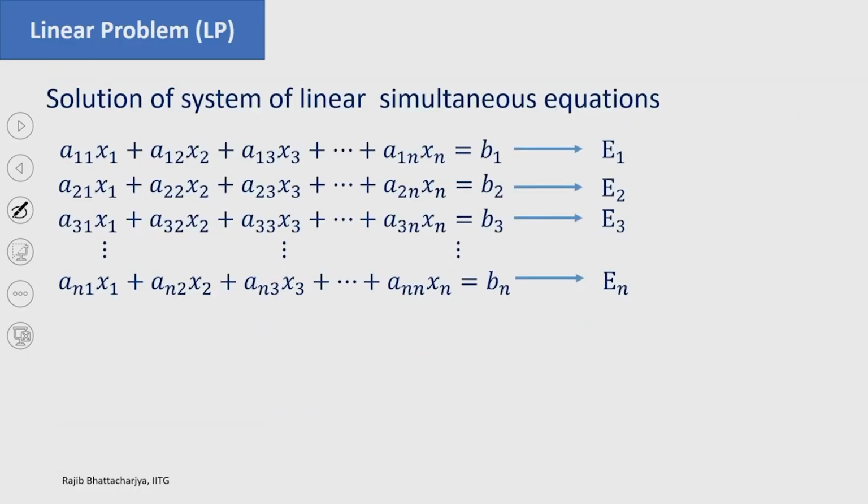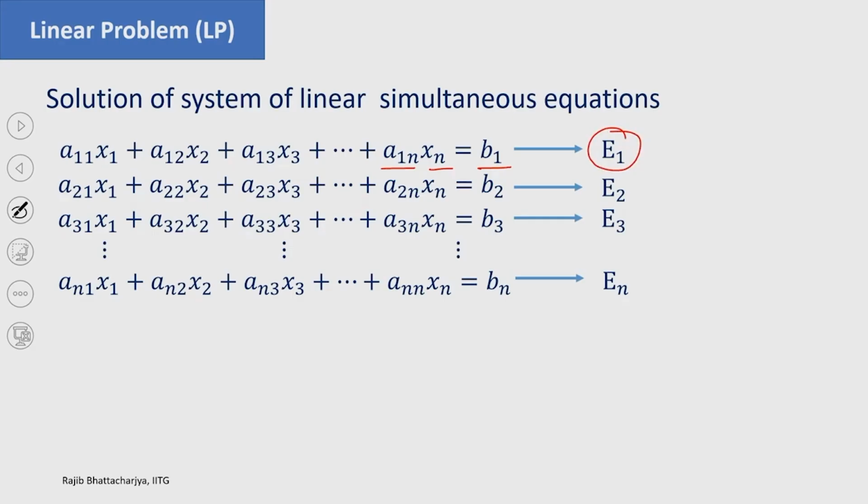Now, let us take a system of linear simultaneous equations. Suppose I have this equation, a11 x1 plus a12 x2 plus a13 x3 plus up to a1n xn equal to b1, and I have named it E1.